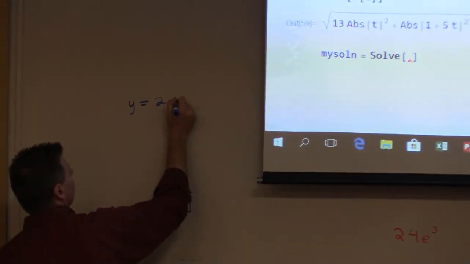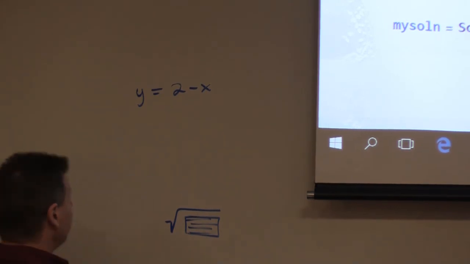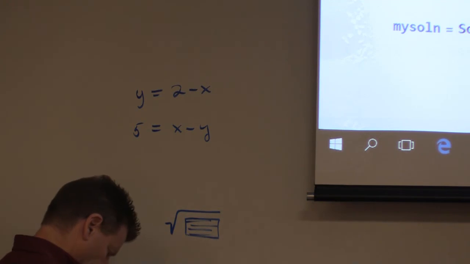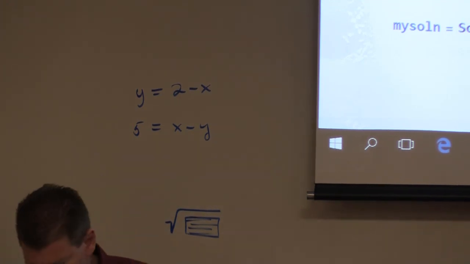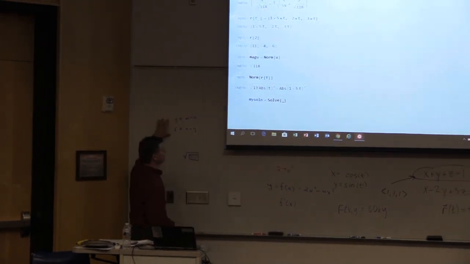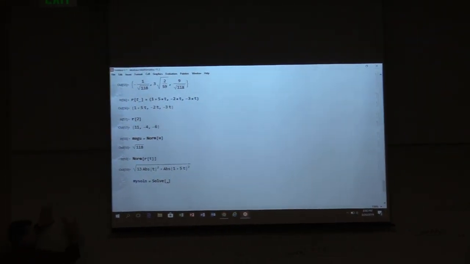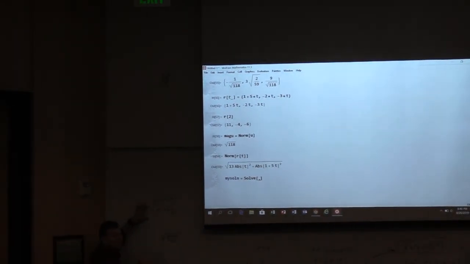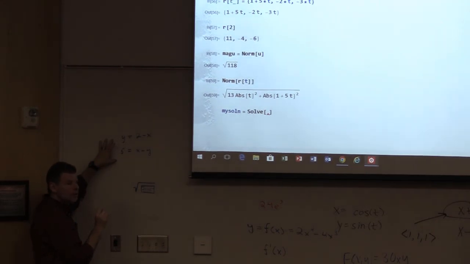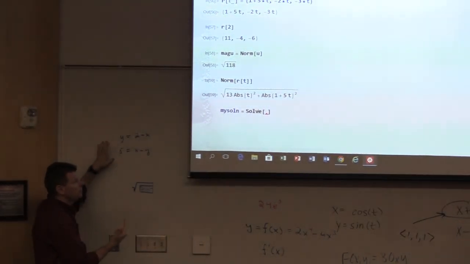Y equals 2 minus x, and 5 equals x minus y. So we want to find all values of x and y to satisfy both of these equations. We want to pass this equation and this equation to the solve function, and tell it what variables we want it to solve for, namely x and y. So how do we do that?